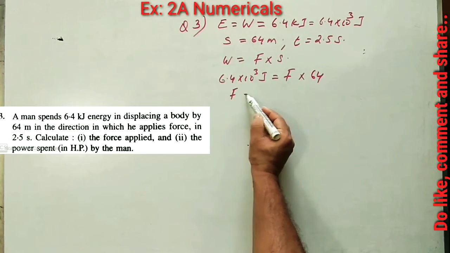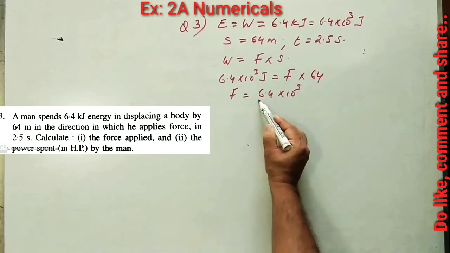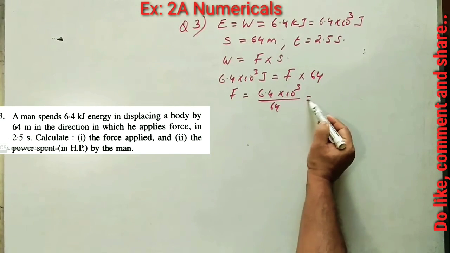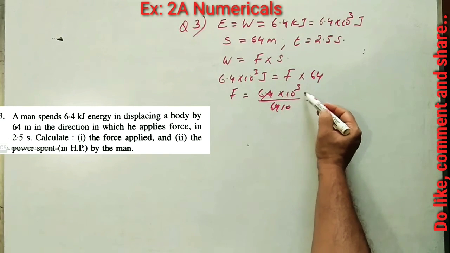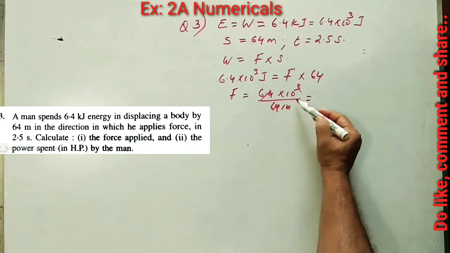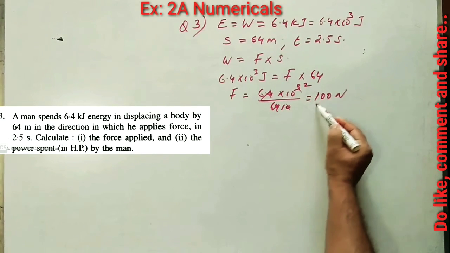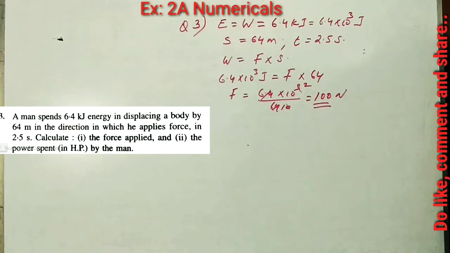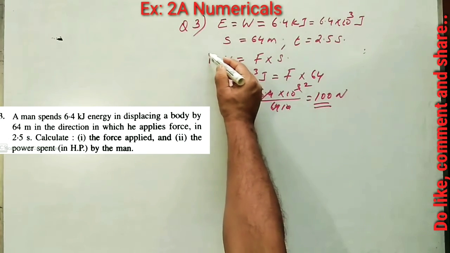Therefore, F is coming out as 6.4 into 10 to the power 3 divided by 64. So that's coming out to be, 10 cancels, so 10 into 10 square. So we are getting it as 100 Newton. Clear? So we are getting the value of force as 100 Newton. So that's the first part.